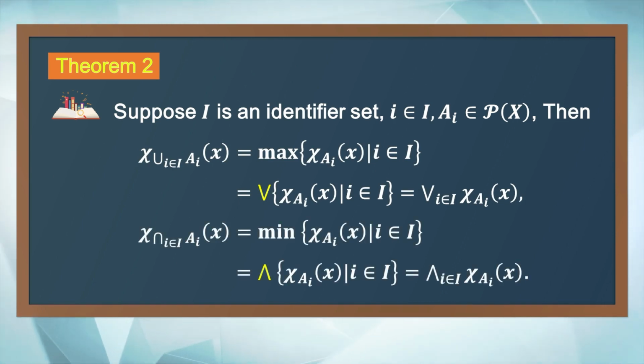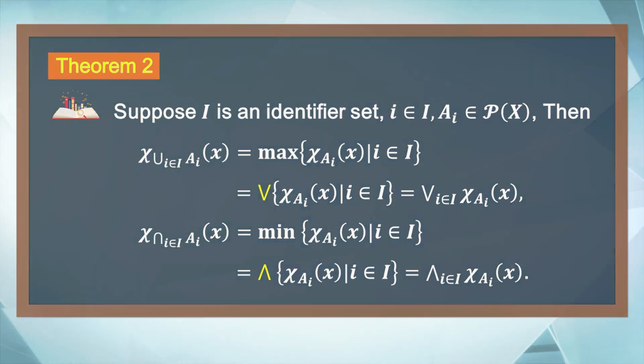The characteristic function of the intersection of A_i is the minimum of these numbers. By the way, the algebraic structure consisting of the set {0, 1}, together with the three operations we mentioned here, the join, the meet, and complementation, is a Boolean algebra, which we will discuss later.